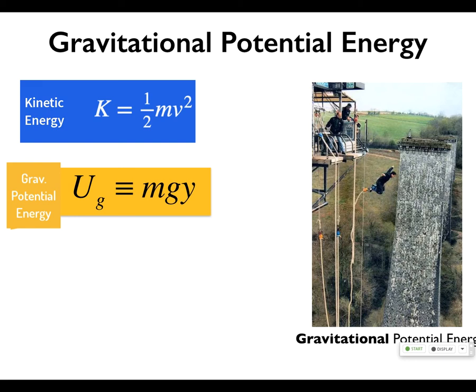Because remember, we can do work against gravity, and you'll notice this looks a lot like work, force times displacement. So you do work, you get gravitational potential energy. If you do work against gravity, you store gravitational potential energy.